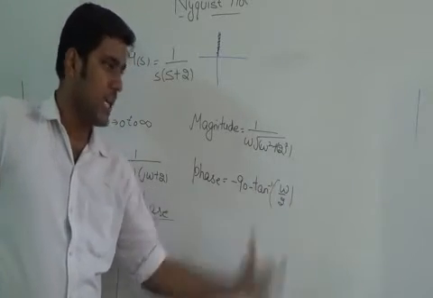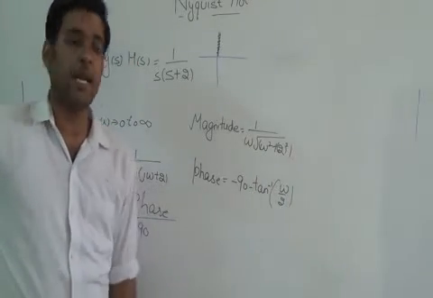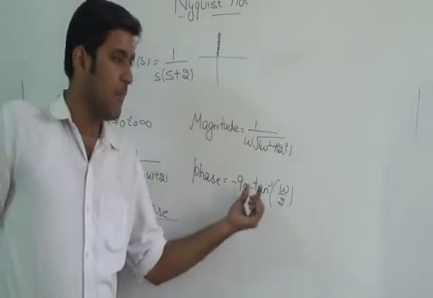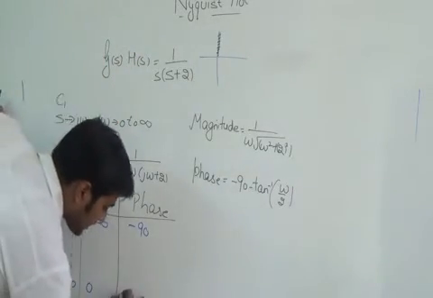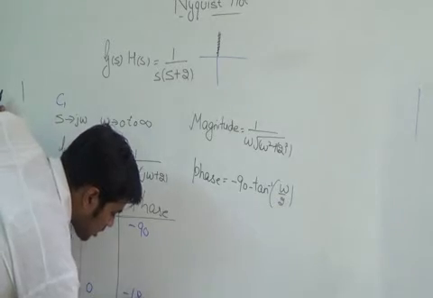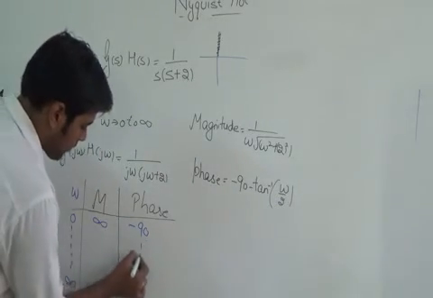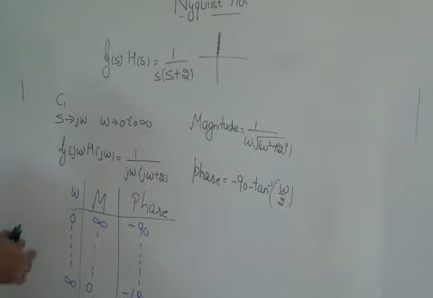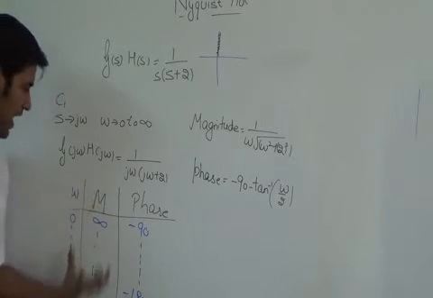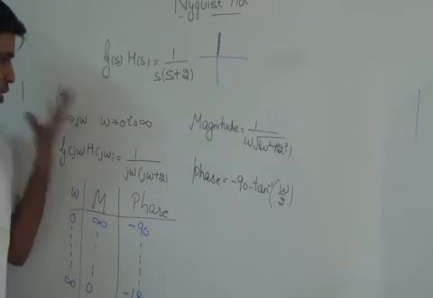Tan inverse infinity is 90. Minus 90 minus 90 will come out to be minus 180. All these calculations were regarding S equal to j omega.